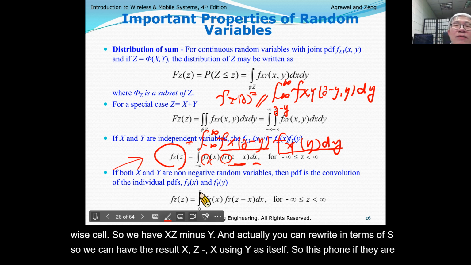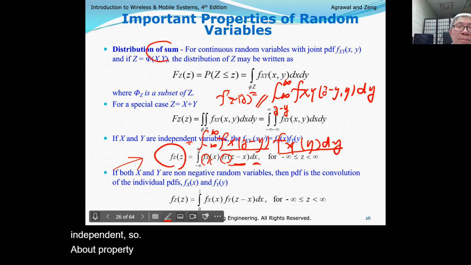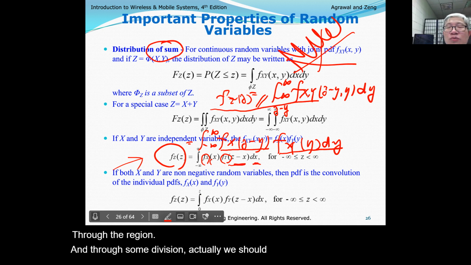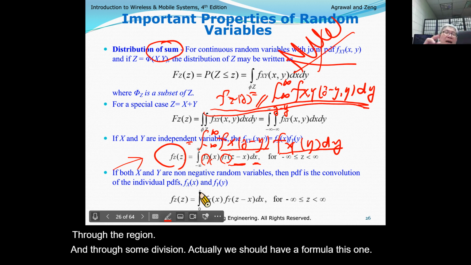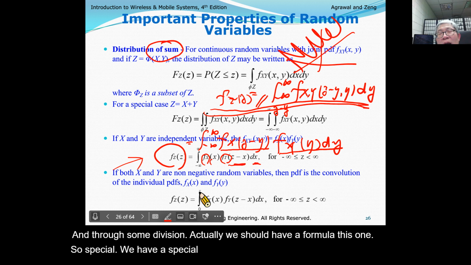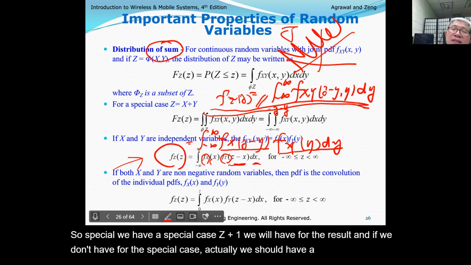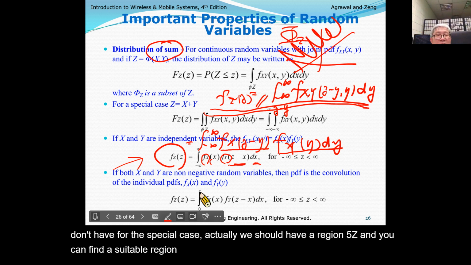So about the property of a sum through the region, through some derivation we should have a formula, this one. For a special case we have z plus 1, and we will have the result. If we don't have the special case, we should have a region phi of z, and you can find a suitable region to have the integral. Then you will have the result.